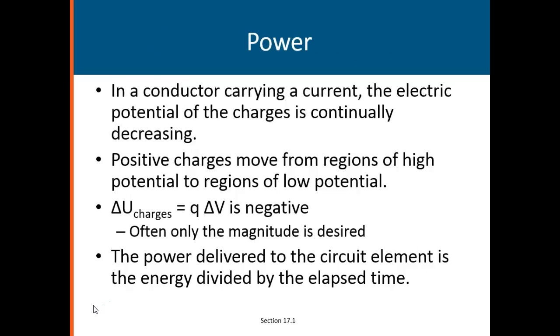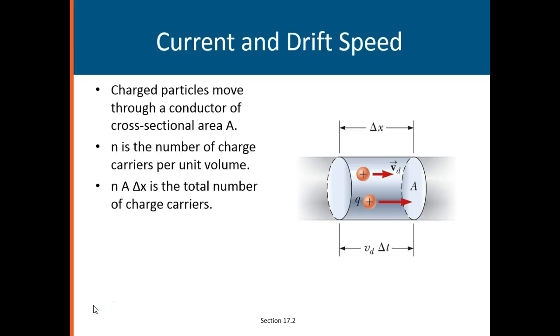That other slide was just the end of 17.1, and there was that last paragraph where they did cover power a little bit. I'm not even sure they mentioned the word. Not enough for a slide. So, current and drift speed.